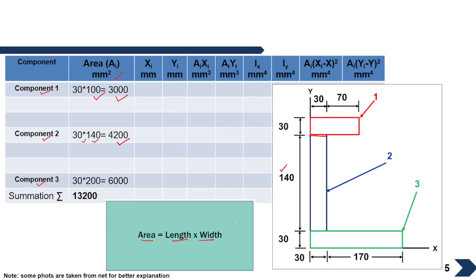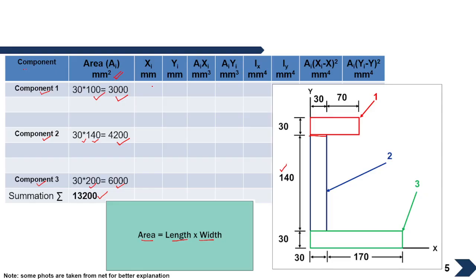For component 3 we have 30 as width and 170 plus 30 is 200 as length, so we have got 6000. The summation of all the above we have got as 13200, and this is in mm square, which I have already written at the top, so no need to write it again and again.